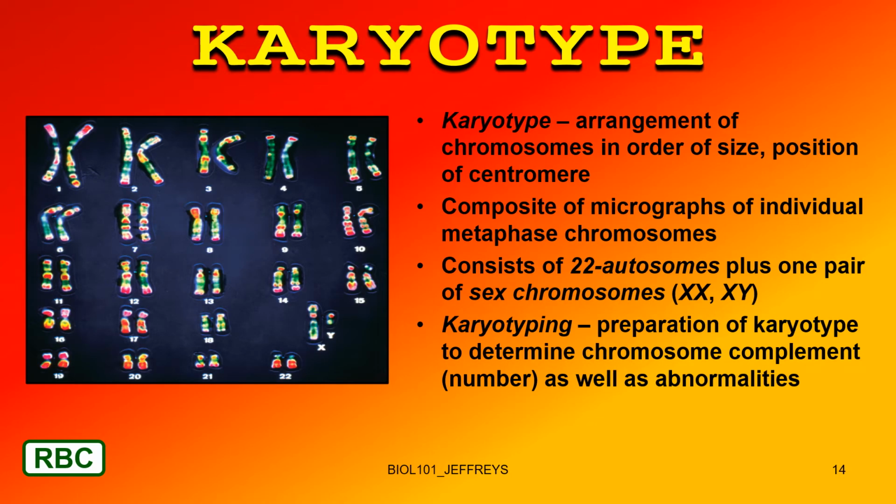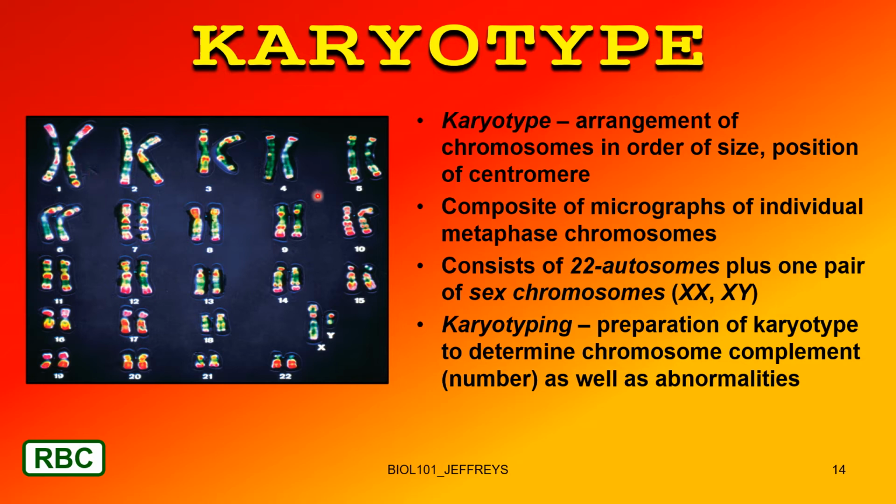Okay, what you see here in this image is called a karyotype. And I'm not going to give you a lot of information here. It's really more just an interesting aside, I guess. But a karyotype is an image where your chromosomes are arranged in order from largest to smallest.